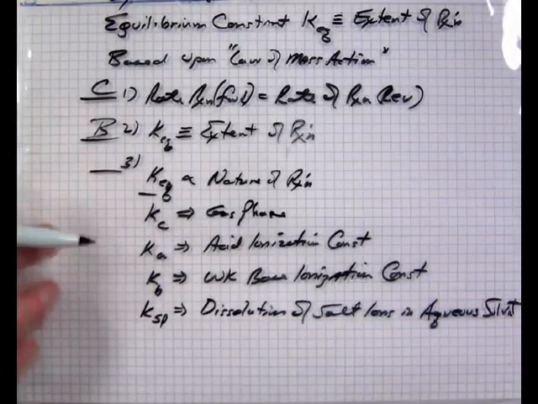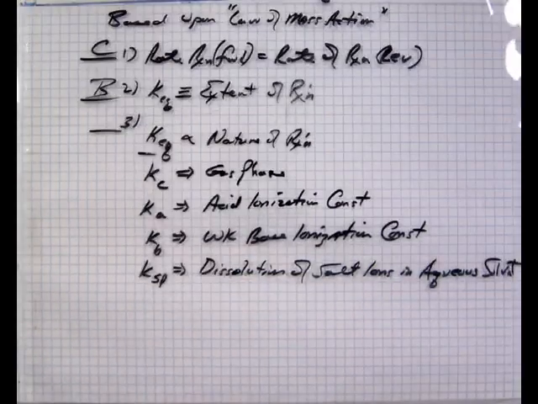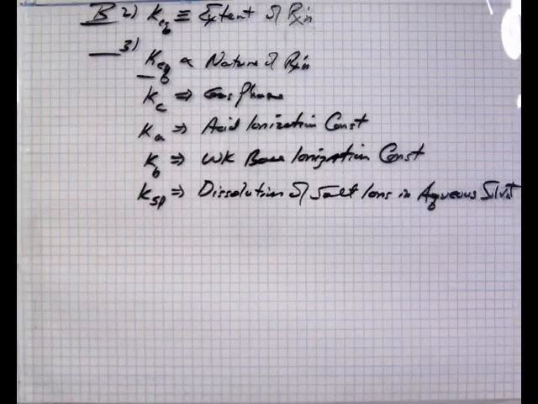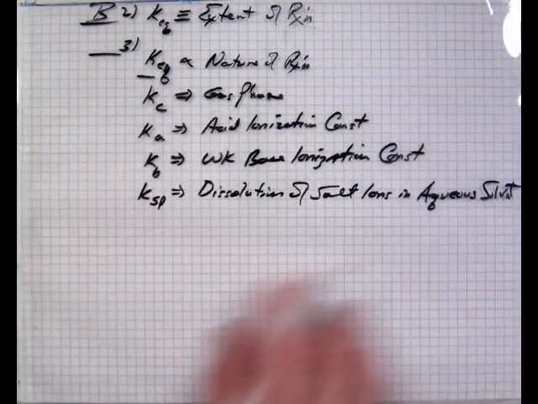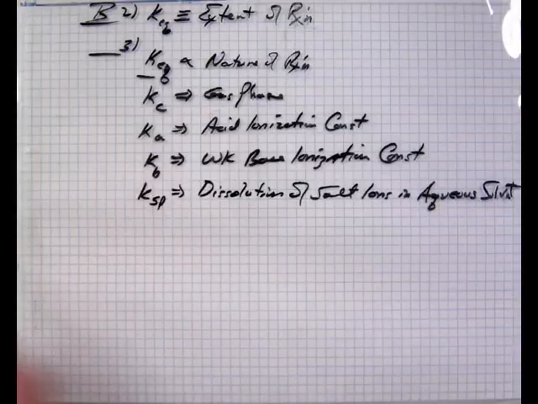So, in order to determine an equilibrium constant, we're not going to go through the development again, but you apply it in the following context. Let me write the equation.